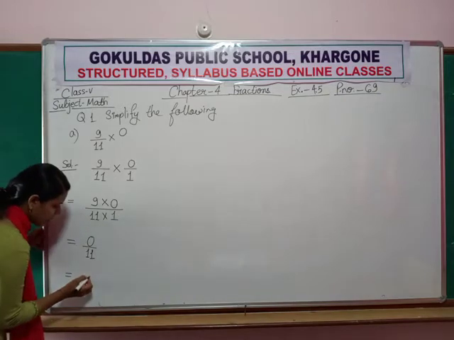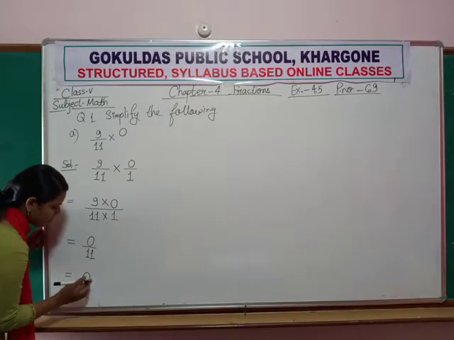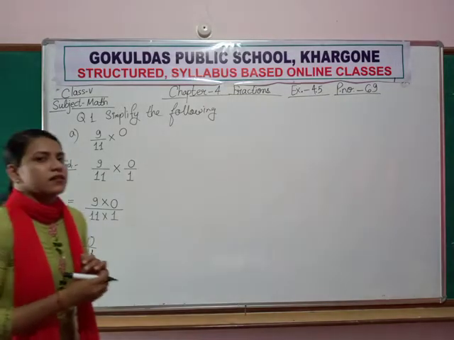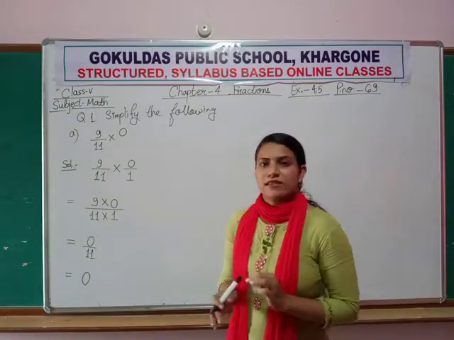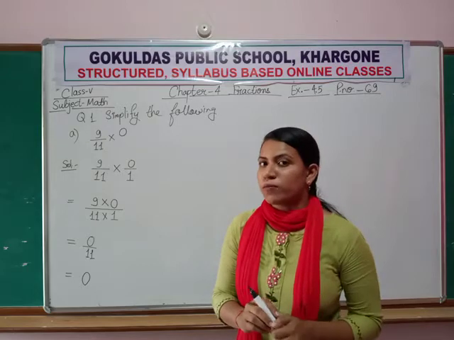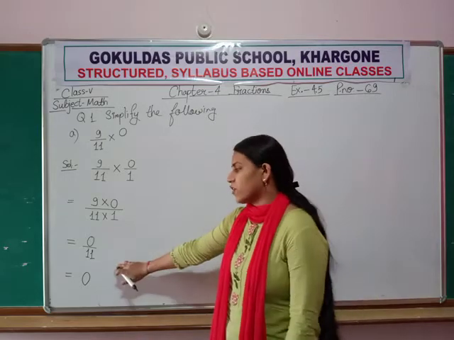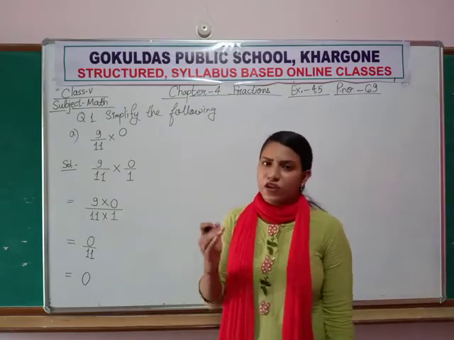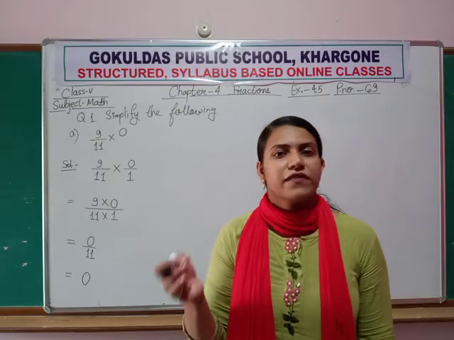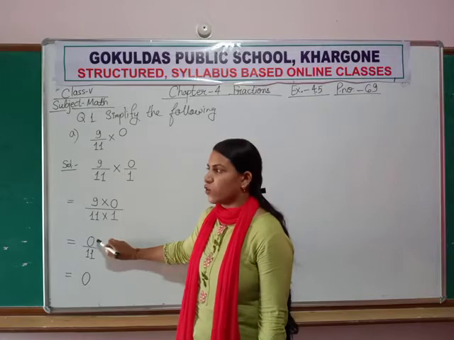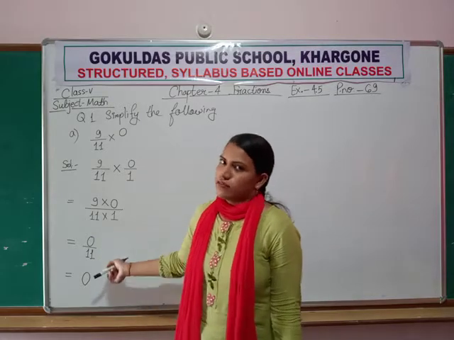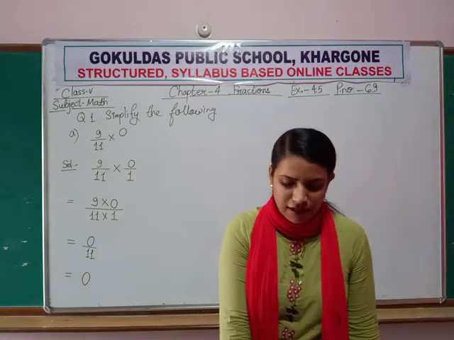We discussed this property of division in the division exercises: 0 divided by any number gives 0 as result. So here 0 upon 11 will give you 0 as result.